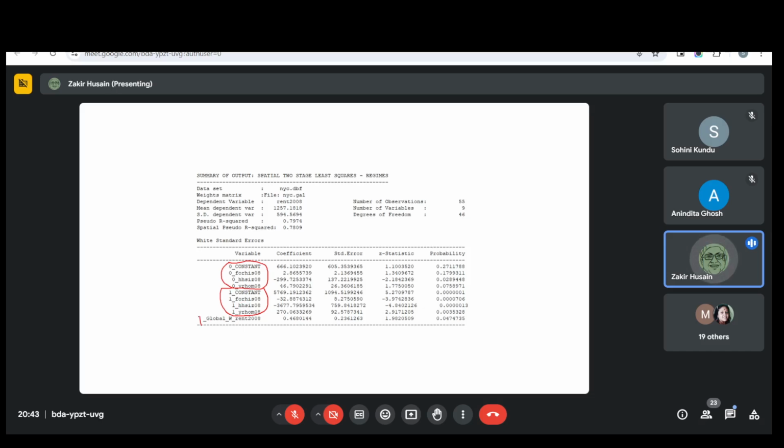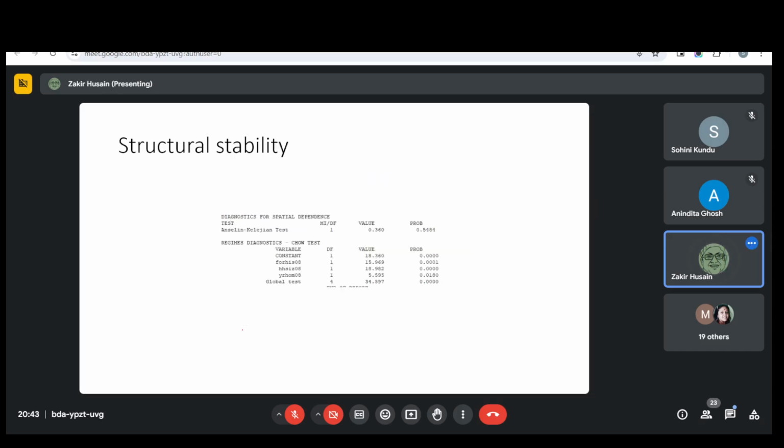Lambda W, however, you can see is constant across the 2 regimes. So if you remember, I told you that the autoregressive term does not vary across regimes. It is assumed to be constant. You also get a test of structural stability, the global test, this one.